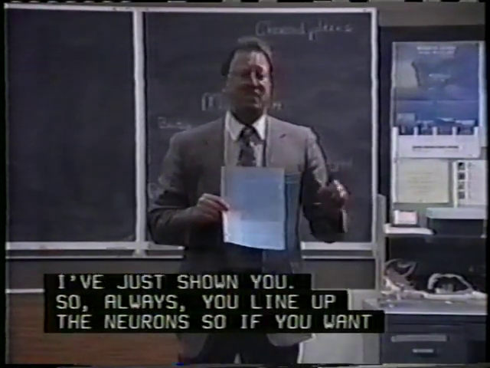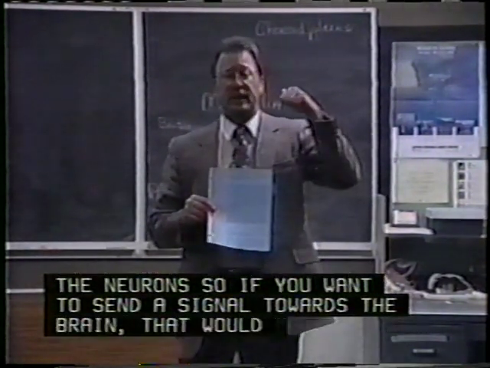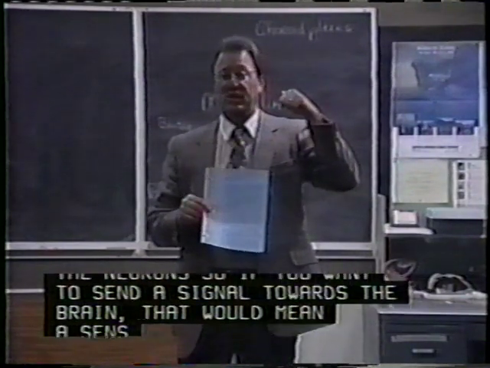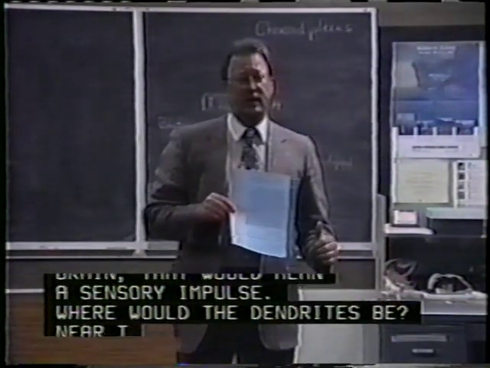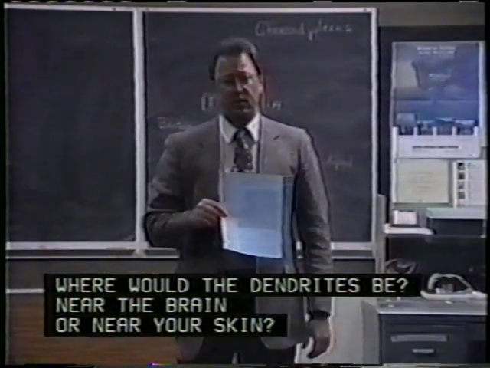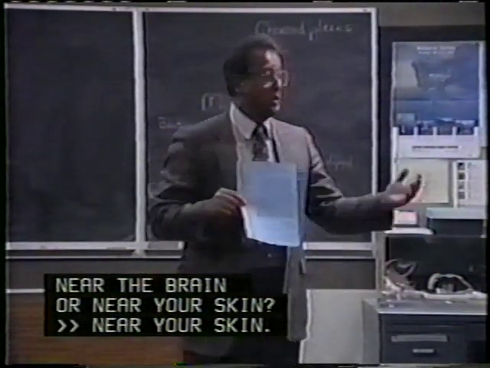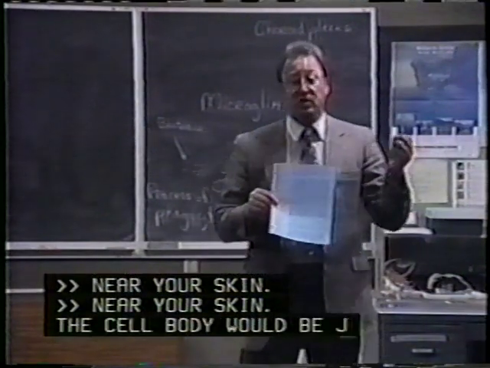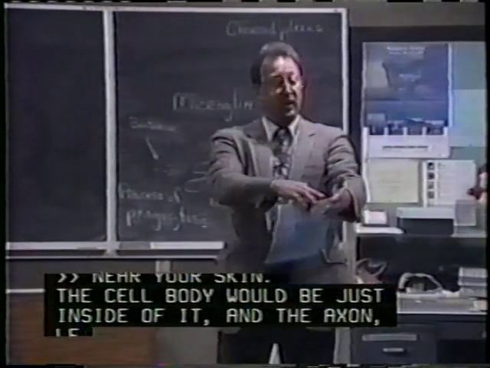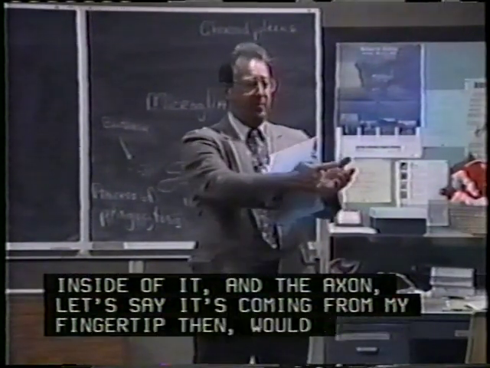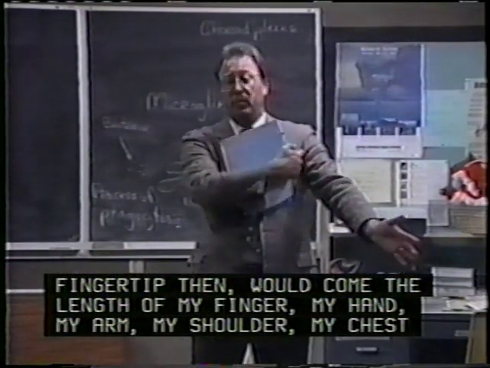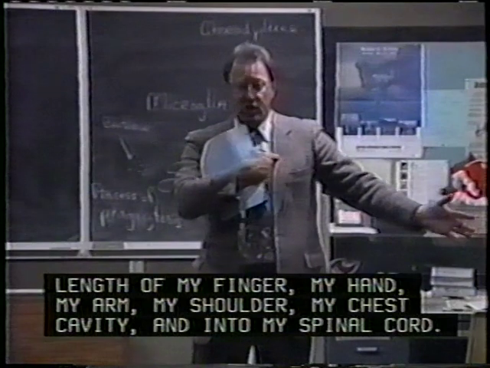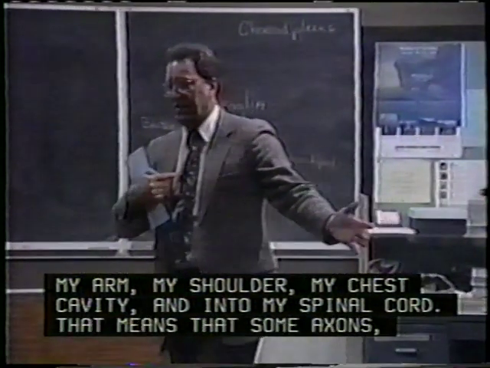So if you want to send a signal towards the brain, that would mean a sensory impulse. Where would the dendrites be? Near the brain or near your skin? Near your skin. The cell body would be just inside of it, and the axon, let's say it's coming from my fingertip, would come the length of my finger, my hand, my arm, my shoulder, my chest cavity, and into my spinal cord.